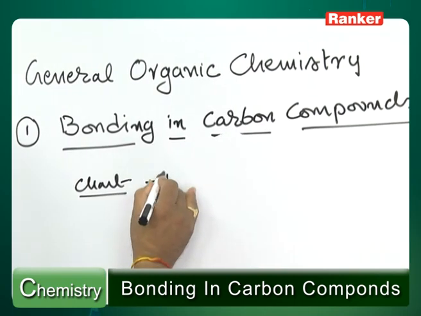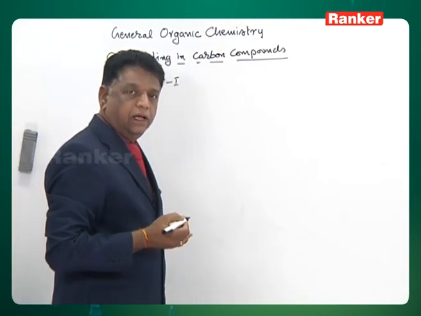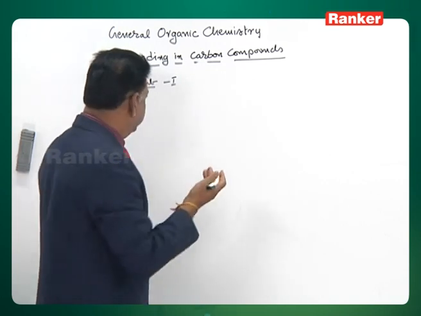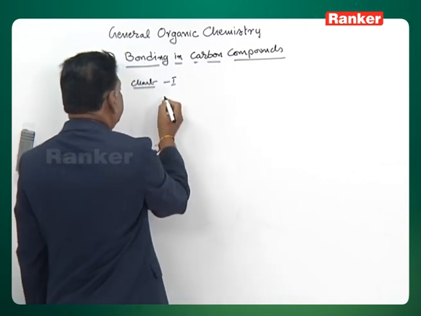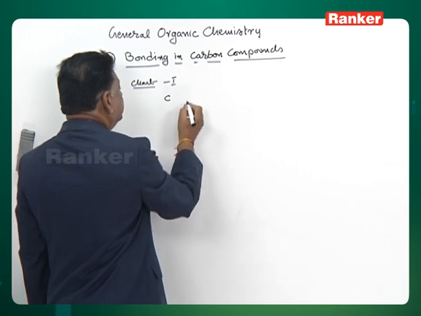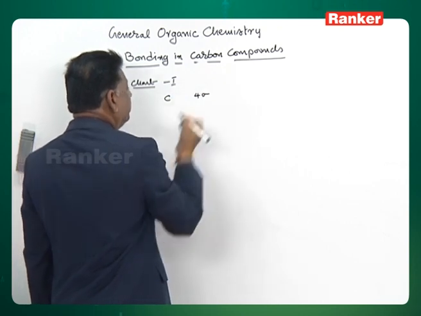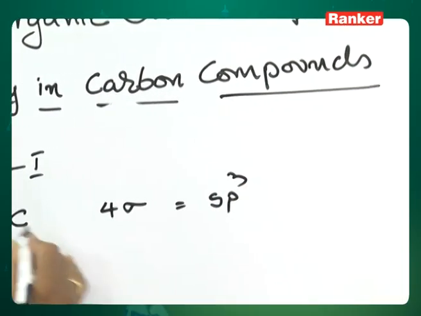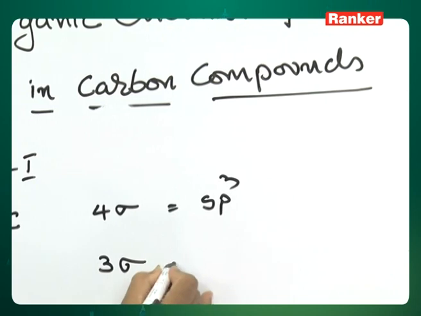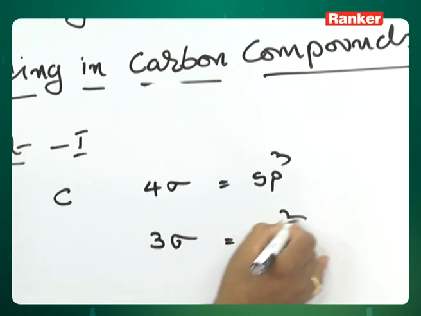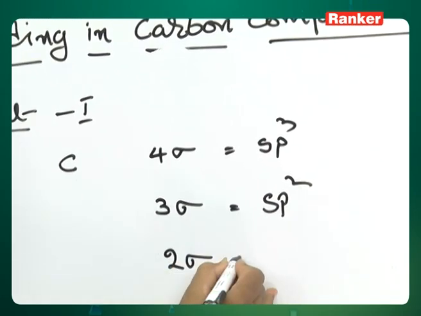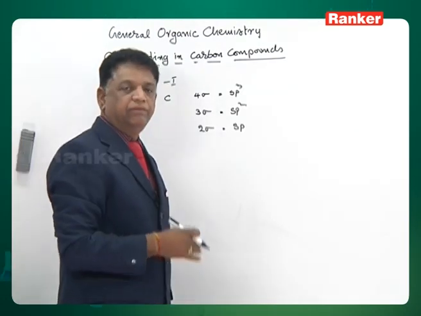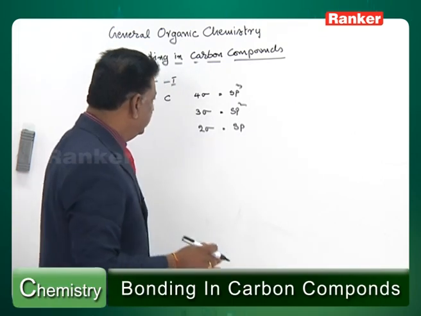Chart 1 shows how many sigma bonds carbon makes and what type of hybridization results. Whenever carbon makes 4 sigma bonds, it is sp3 hybridization. When carbon makes 3 sigma bonds, it is sp2 hybridization. When carbon makes 2 sigma bonds, it is sp hybridization. But we have some exceptions, which we will see later.